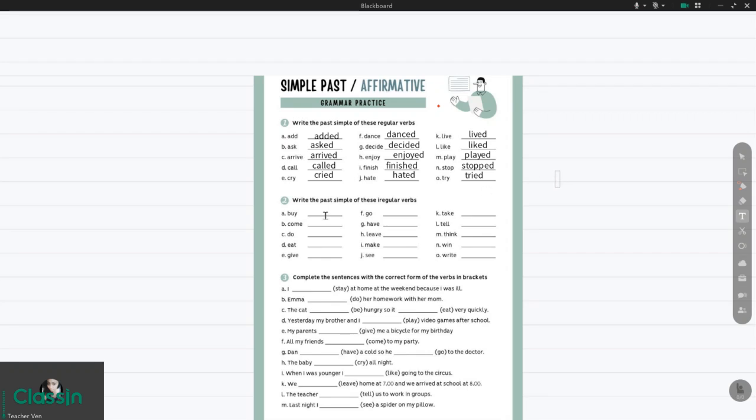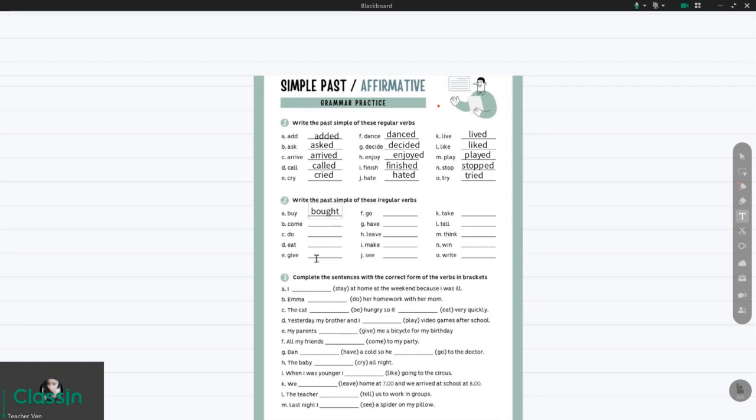Okay, for this next exercise, write the past simple of these irregular verbs. Okay, so these are our irregular verbs. Let's see how we are going to change these into their past simple tense. So for buy, it becomes bought.